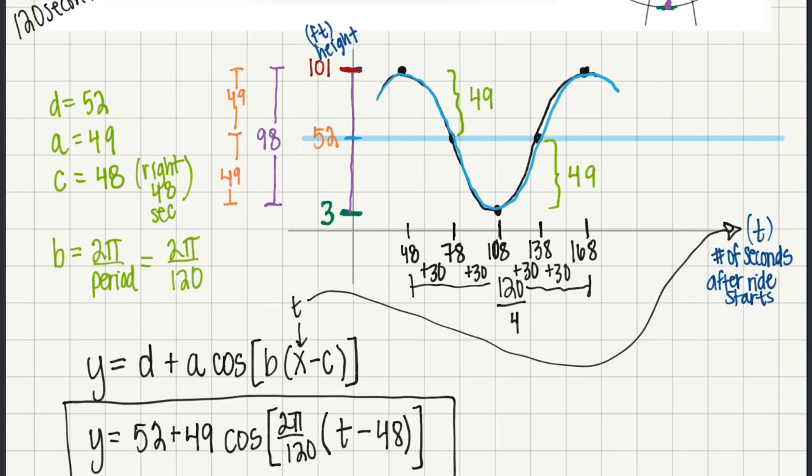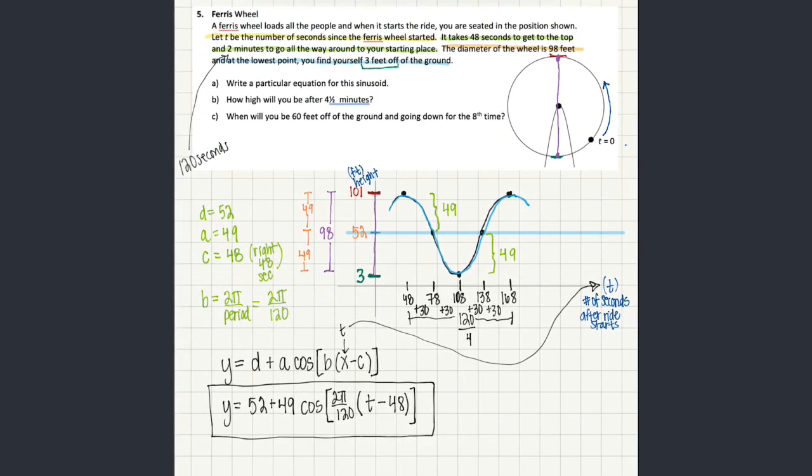Now, it's going to ask you these other questions, A, B, C. A is the actual particular equation for this cosine, which is a sinusoidal function. B and C, once you have this equation, you use your calculator for that, and that would be another video or something I can show you in class.